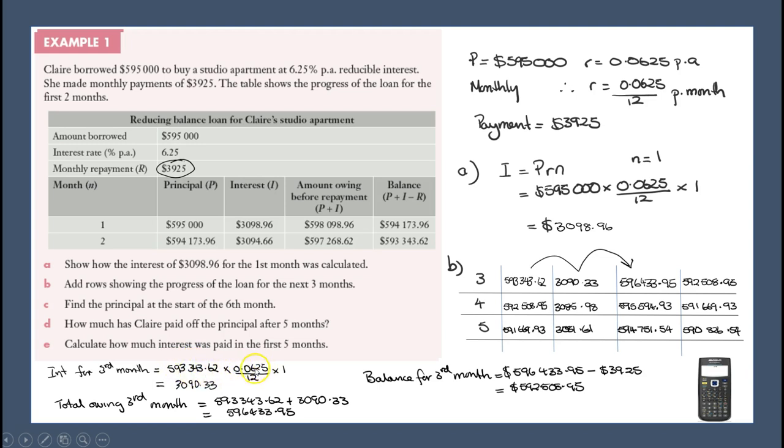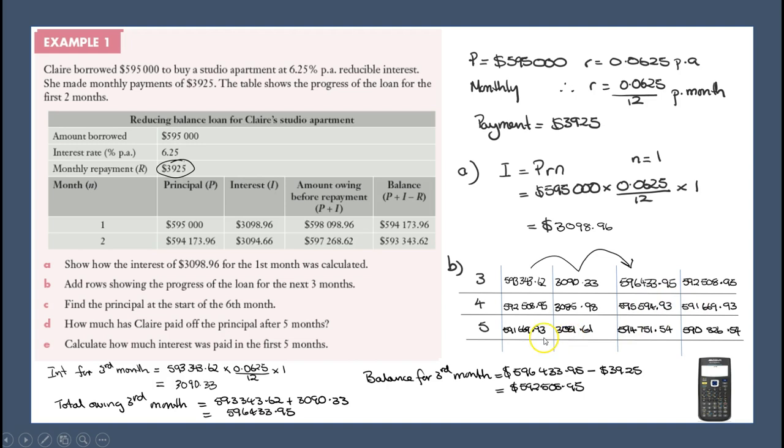Still multiplying by the same rate and times by 1, but because in the 4th month this is not the amount owing, rather it's this amount owing, 592,508, then we get a smaller amount of interest. Notice 3085 is smaller than 3090. Gives us this total, and we subtract the payment.